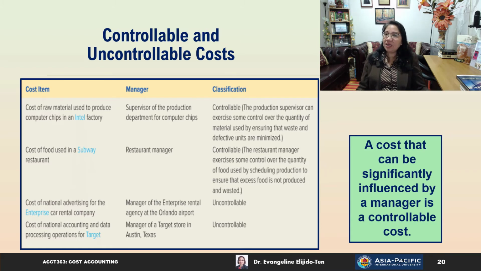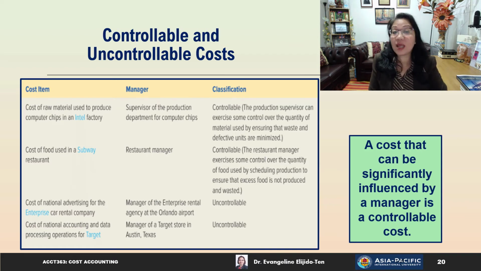Well, the reality is he can't, because the national advertising is decided by the head office, and therefore the manager is not able to influence significantly the advertising cost. So that is an example of uncontrollable cost to the manager of a branch.